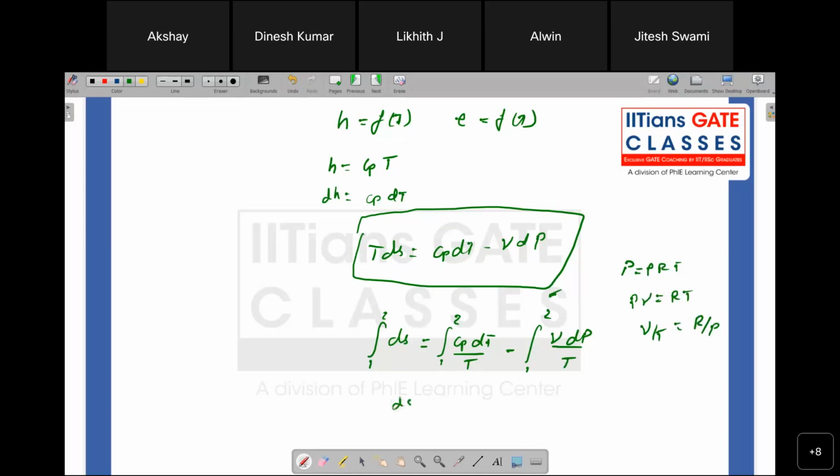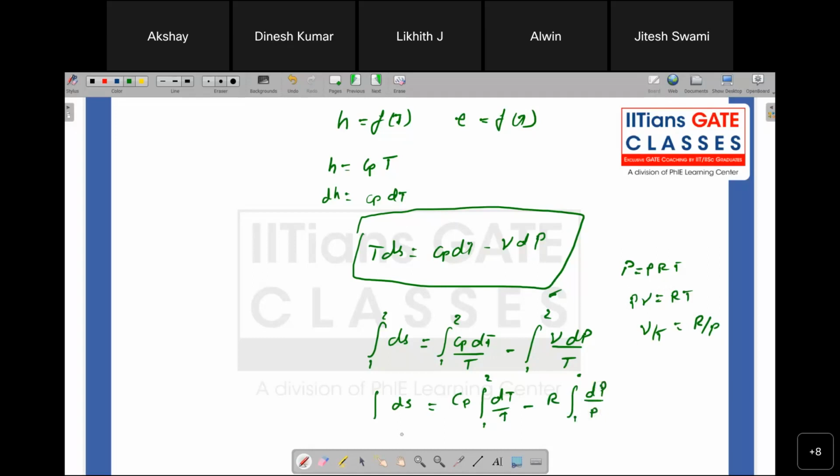This becomes the integral of ds equal to Cp, which is constant, so I can take it outside, dT by T, minus R, which is also constant, taken outside, integral from 1 to 2 of dP by P.